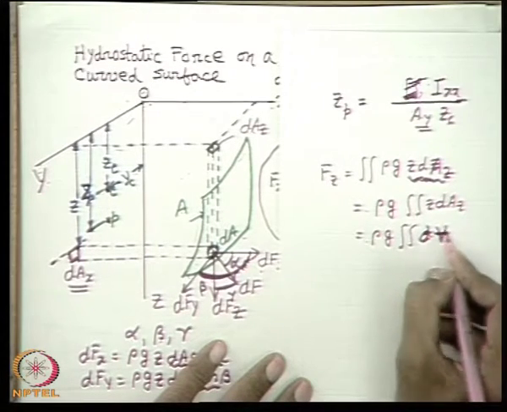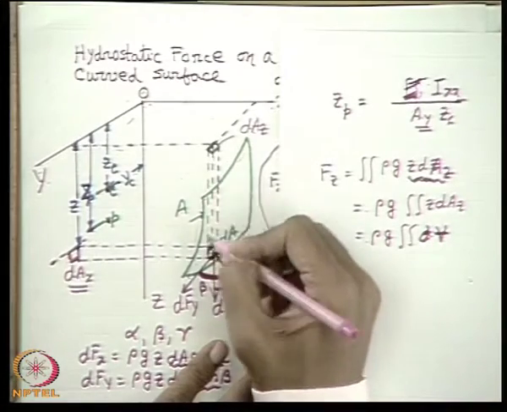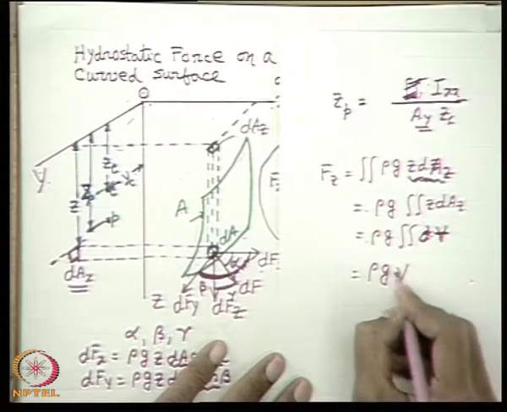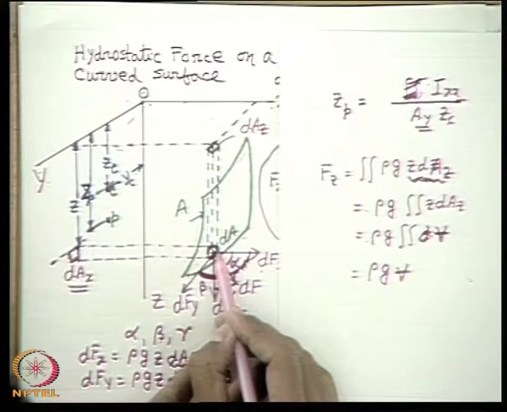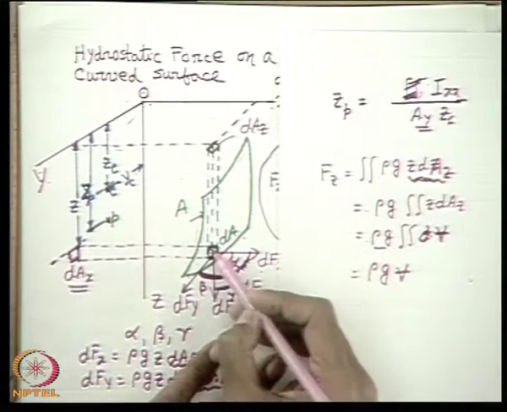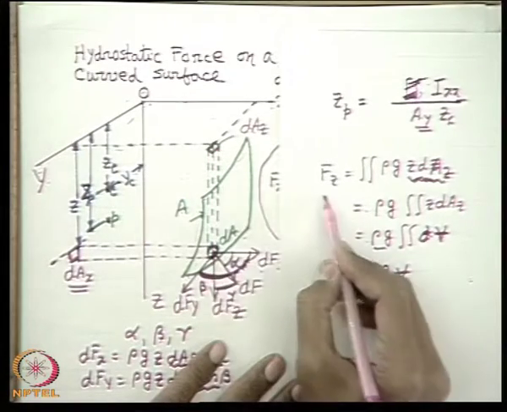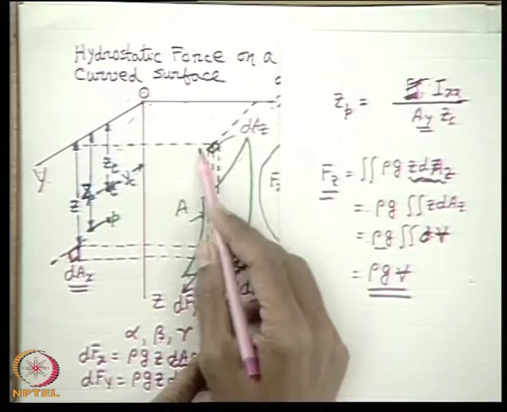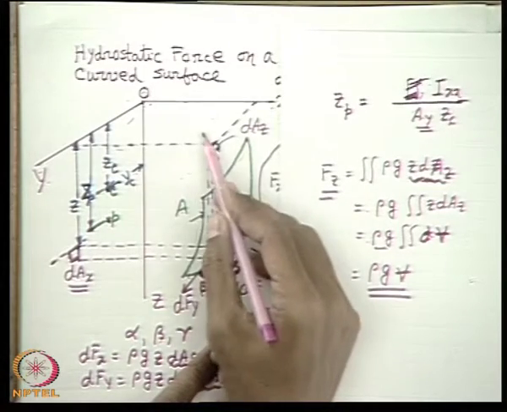I will always use the script V for volume, because v will be used for velocity afterwards. So this is the elemental volume of this prismatic fluid element. So this is simply rho g V. That means we can say that the vertical component of the hydrostatic pressure force over an elemental area is equal to the weight of the fluid above that elemental area up to the free surface, and for the entire surface it is the weight of the fluid that is contained in the region vertically above the surface up to the free surface.